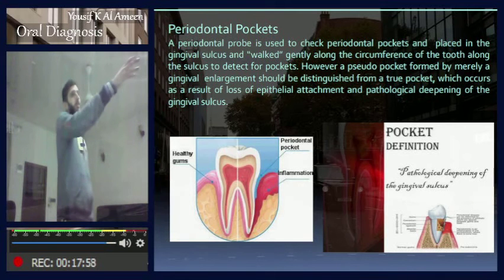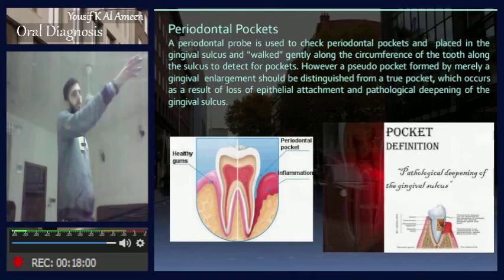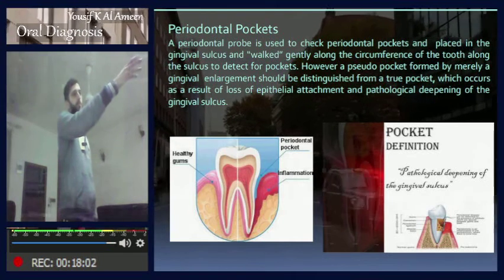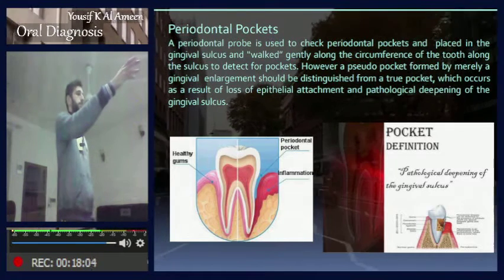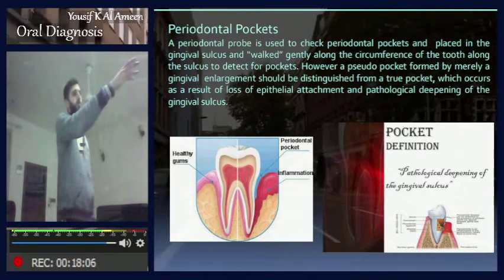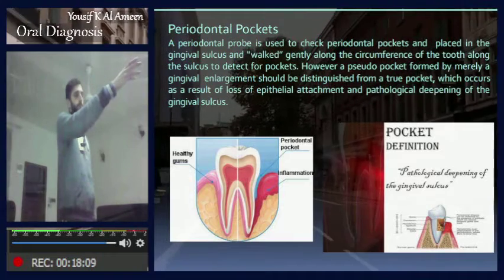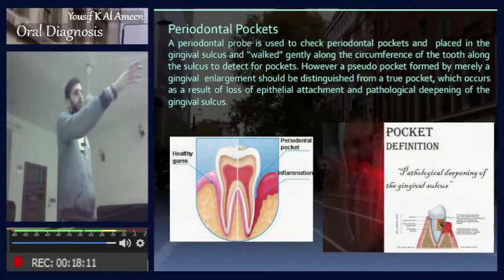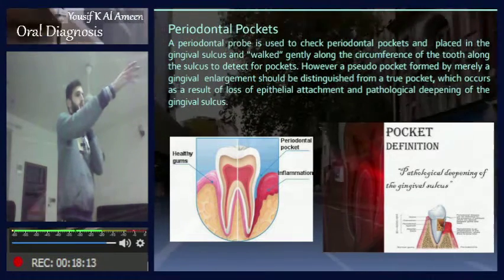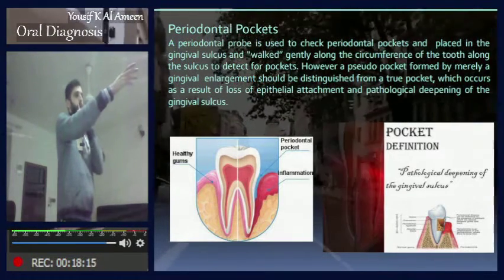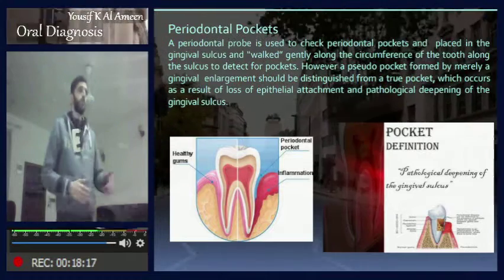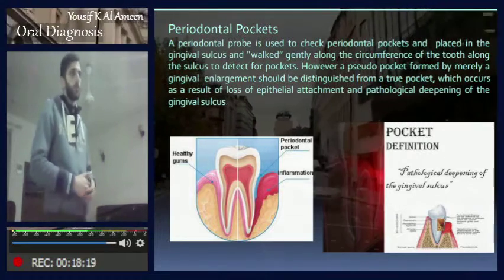Periodontal pocket. A periodontal probe is used to check periodontal pockets and is placed in the gingival sulcus and walked gently along the circumference of the tooth along the sulcus to detect pockets.